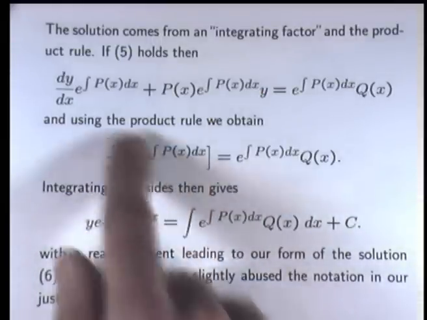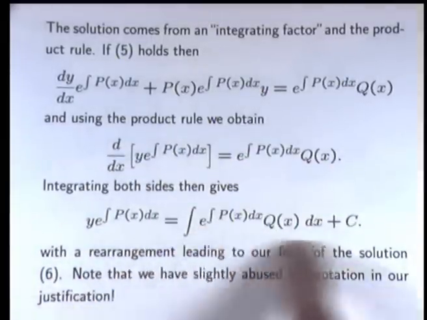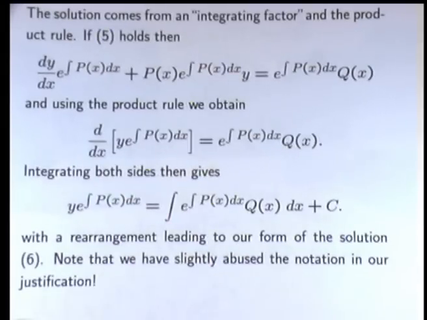Okay, so what I can do then is integrate both sides to form this and then rearrange. Now, I may have abused the notation in this justification, but I'm just quickly going through it. Okay, so that's a particular example.